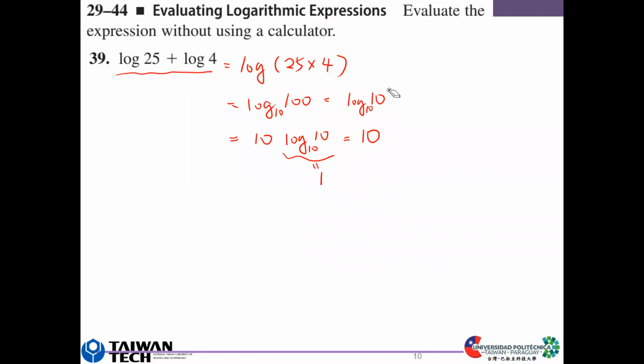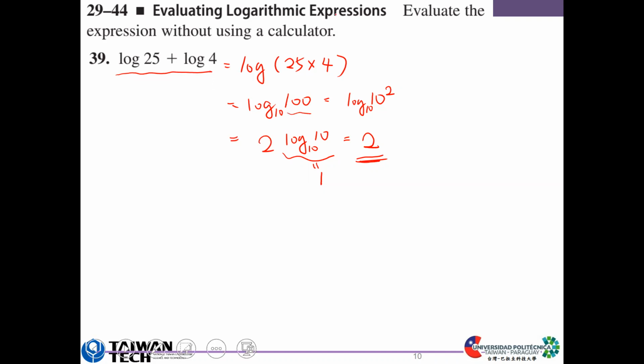My bad. This is 2. Okay, my bad. You should convert 100 to 10 to the power of 2 and put 2 outside the log function. And what's left is log base 10 of 10, and log base 10 of 10 is 1. So you have the answer for 39 is 2.